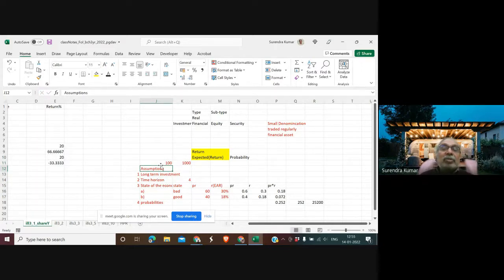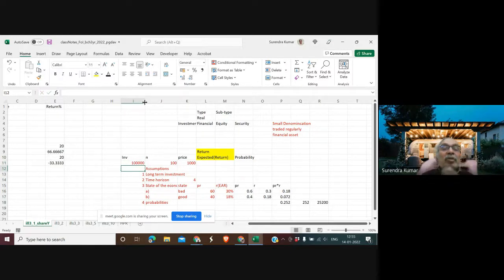My investment is, so this is my number, this is the price that I paid when I was investing, and this is my total investment. That's my total investment. I have made a total investment of 1 lakh rupees for 4 years.